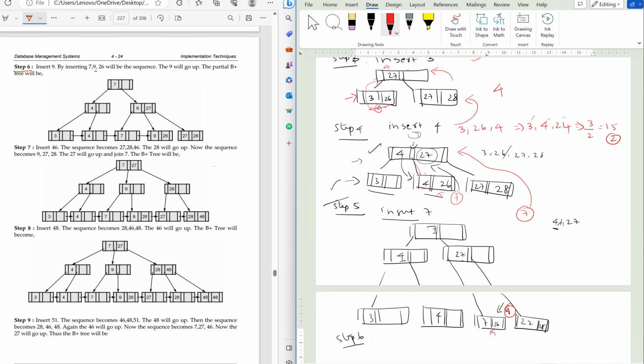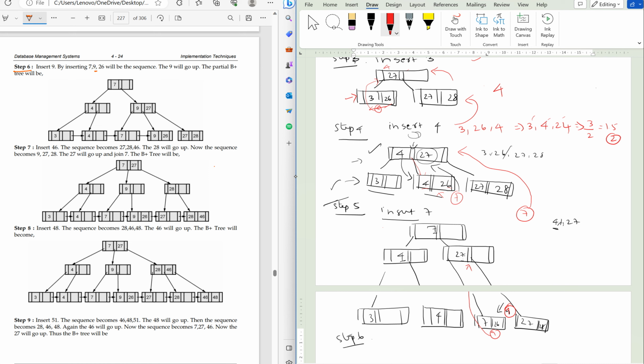Since there are already 2 elements, this 9 has to be taken before. Since it is lesser than 27, it should come before 27, and 27 has to go afterwards. So that is how they have modified it.